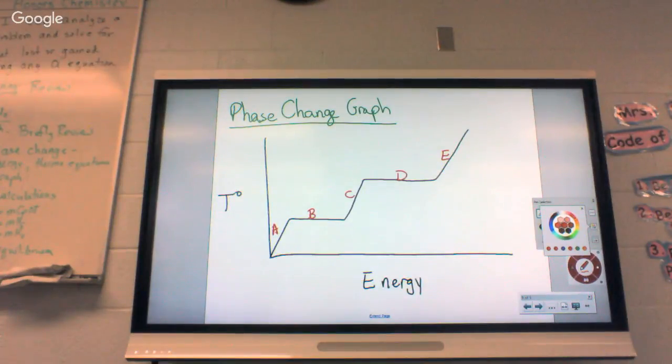So A is that spot going up, B is the flat spot, C is going up, D is the flat spot, and E is going up.